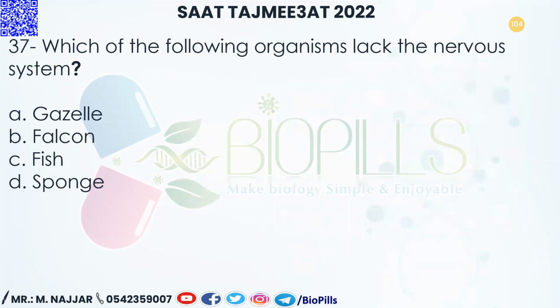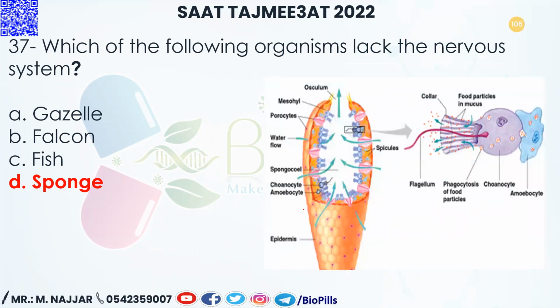Question number 37. Which of the following organisms lack the nervous system? A, gazelle, B, falcon, C, fish, D, sponge. Yes, of course, the sponge lacks not only systems, but also any specialized tissue. Yes, it just has 3 specialized cells.